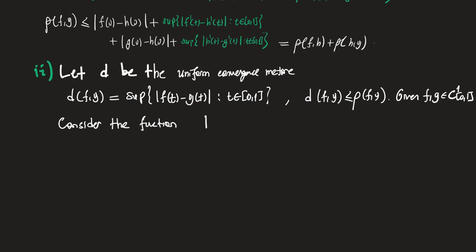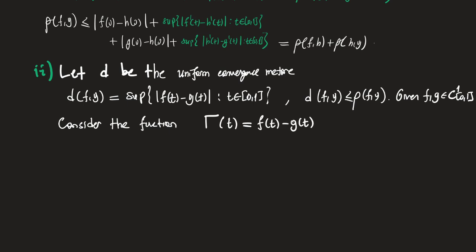Consider the function gamma, or since we are denoting the variable as t, let me put t: gamma(t) = f(t) minus g(t).